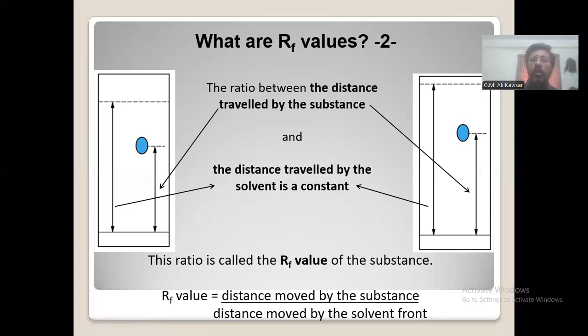A table is given to find out the components of different RF values. Every different component has a different RF value. So first we have to make sure we have measured the RF value using the formula: distance moved by the substance divided by distance moved by the solvent front.